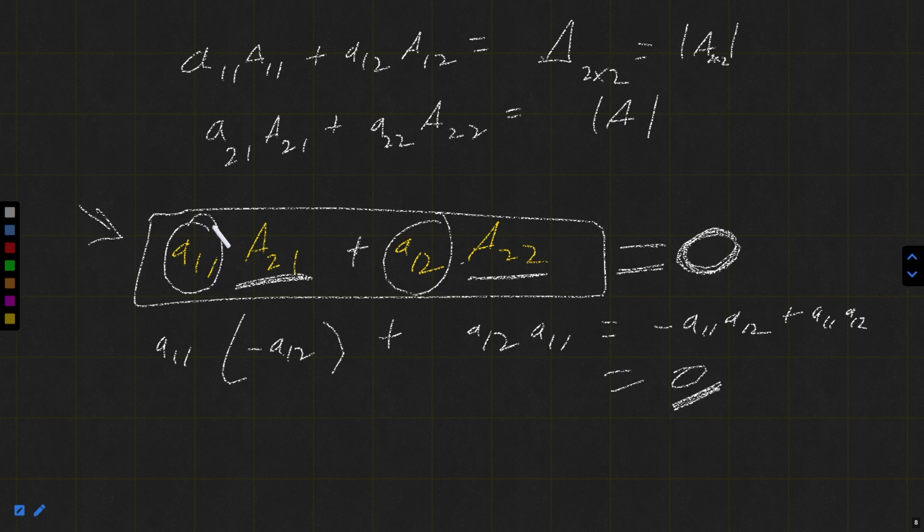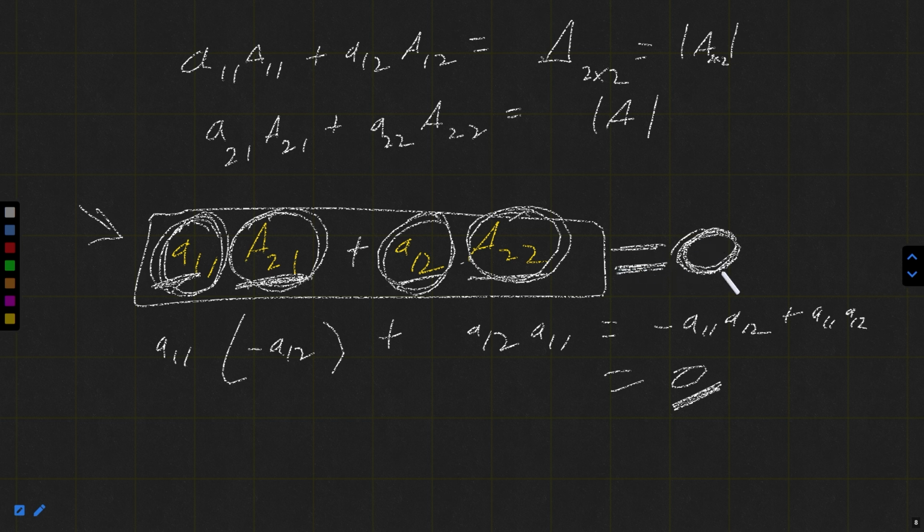Whenever you have any row entries, so these are first row entries, multiplying with any other row's cofactors, here the cofactors are from the second row, so my first row elements are multiplying with second row cofactors, whenever this happens, you will always have the sum equal to 0.